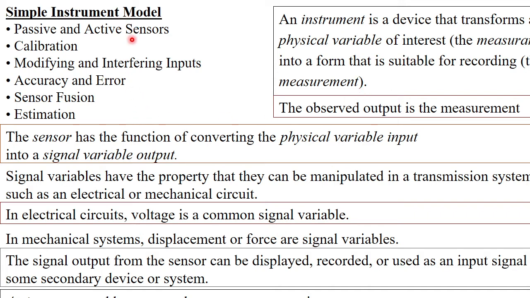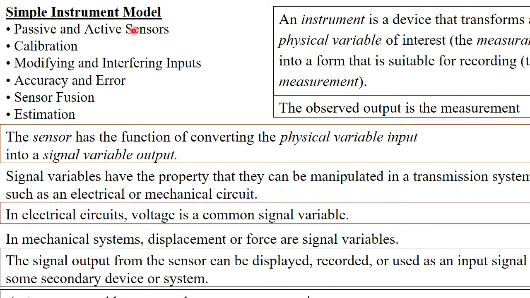Now the sensors are of two parts, which is passive and active sensor. So a passive sensor requires some energy which is provided by the measurement circuit as such. It provides some energy to the sensor for the measurement purpose, or the physical system itself has some energy which induces some signal variable output in this sensor.